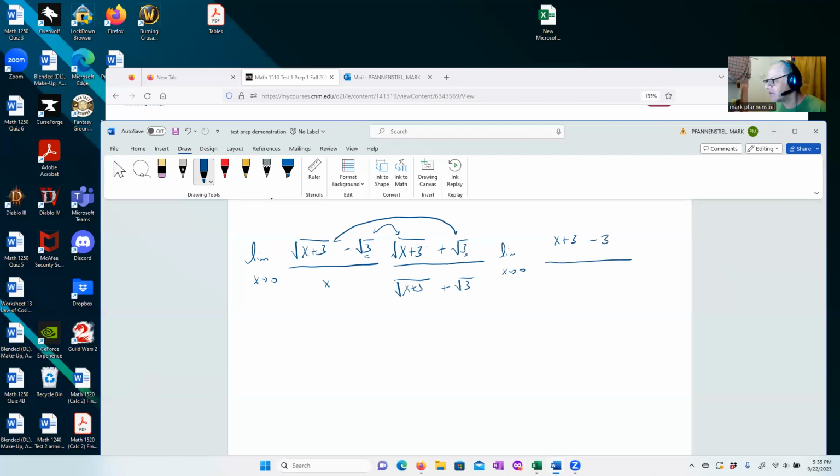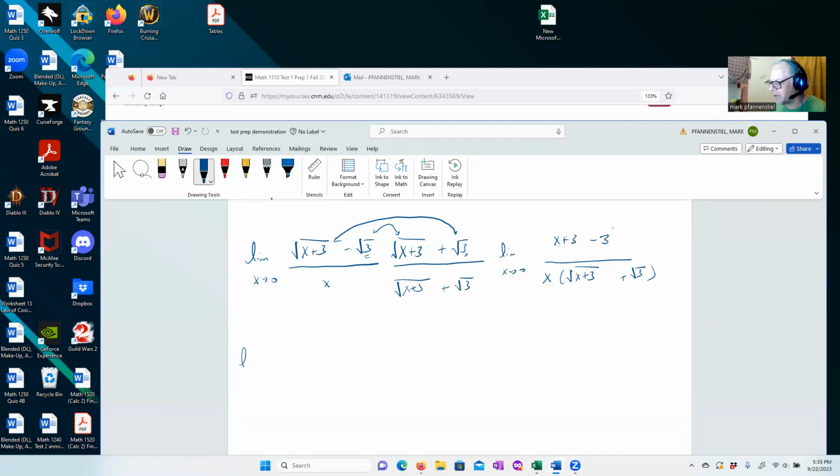And then I'm not going to touch the bottom. We just have x times root x plus 3 plus the square root of 3. Okay, and let's see what happened. This positive 3 and this negative 3 are going to cancel out.